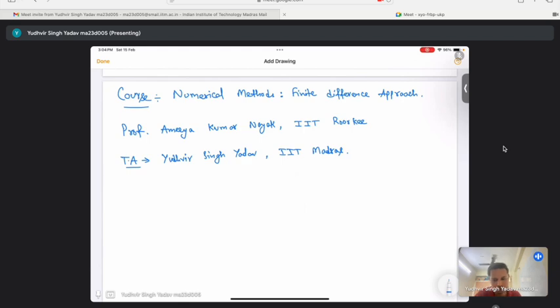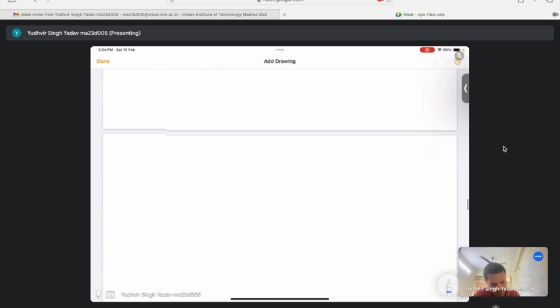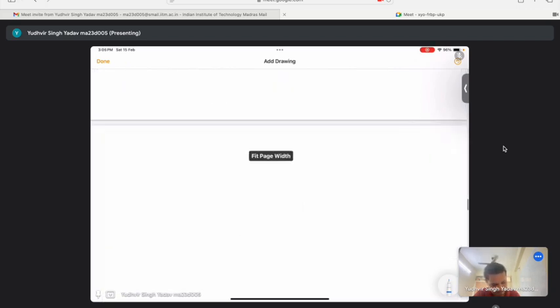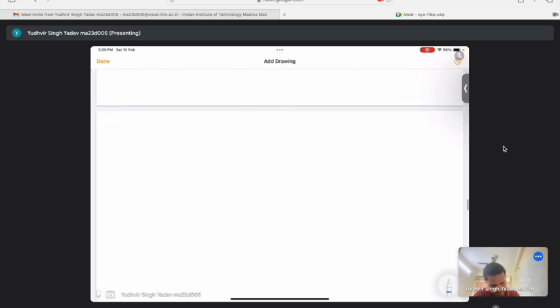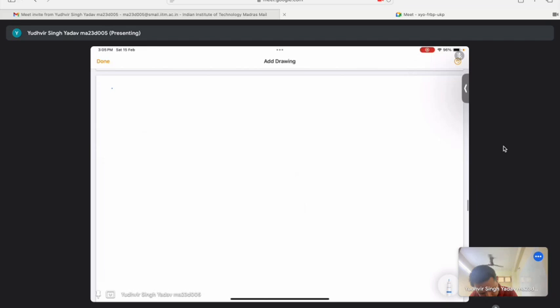So today we will proceed to how to solve hyperbolic partial differential equations. First we will consider a wave equation, which is again a hyperbolic PDE.